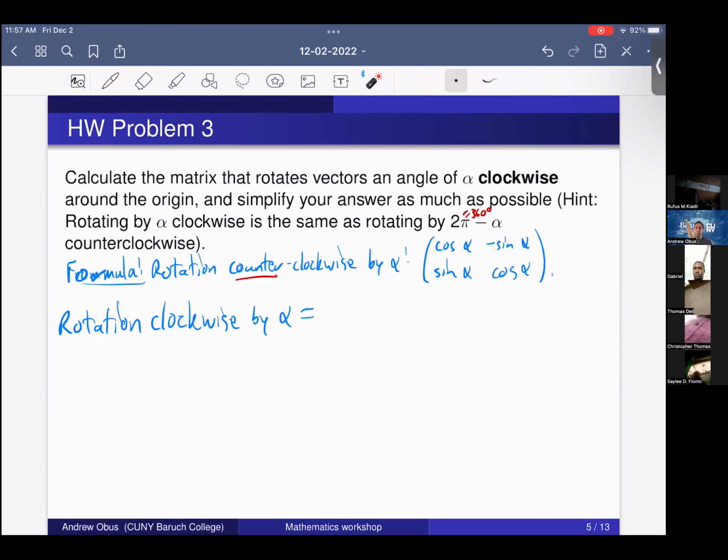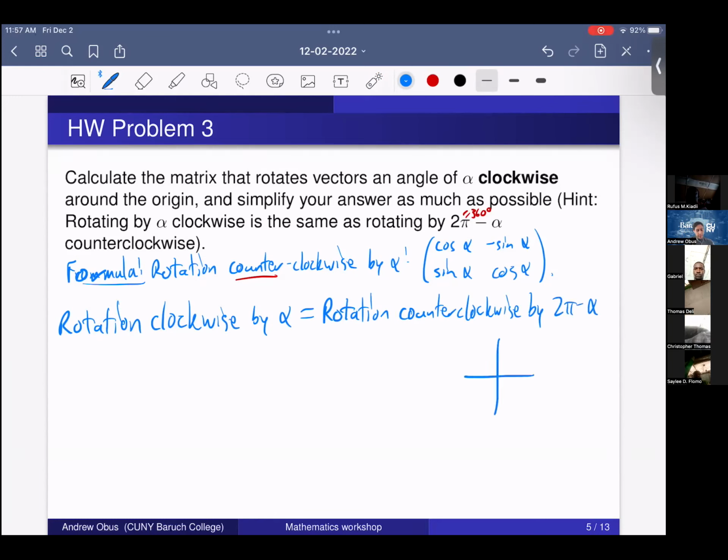They both go to the same place. If I rotate clockwise by 10 degrees, it's the same as rotating counterclockwise by 350 degrees. Let me draw that in a picture. So this is the same as rotation counterclockwise by 2 pi minus alpha.